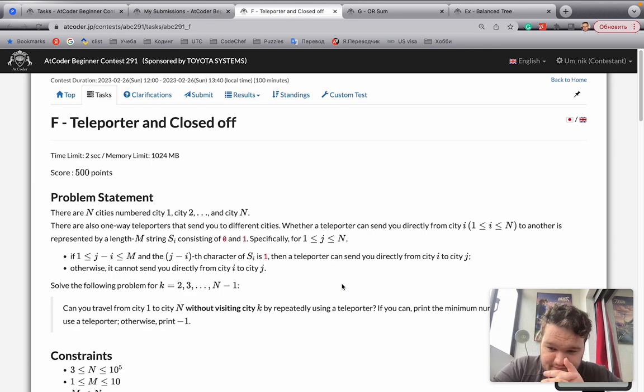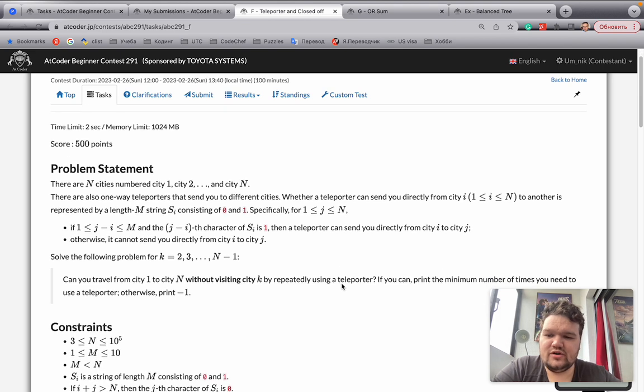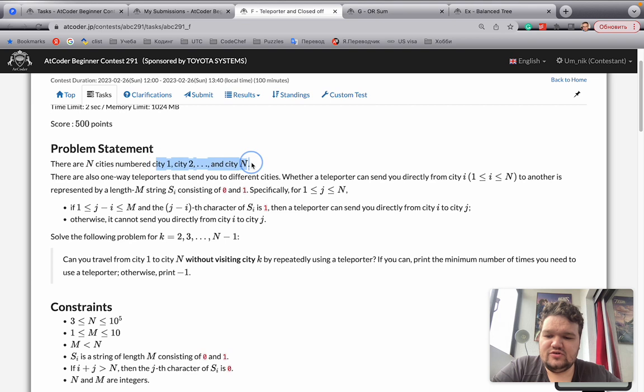Problem F. Looks like another graph problem. We have n vertices, one-way teleporters, so a directed graph. Whether a teleporter can send you from city i to another is represented by a length-m string Si consisting of zeros and ones.